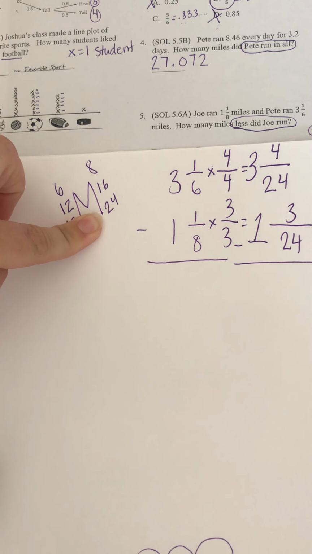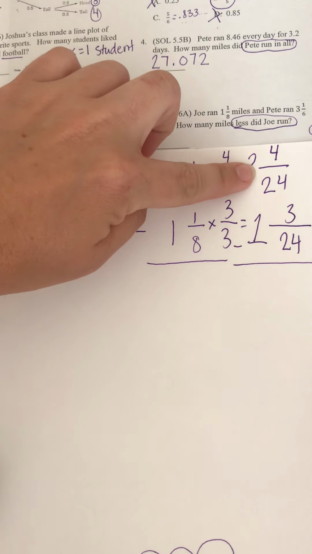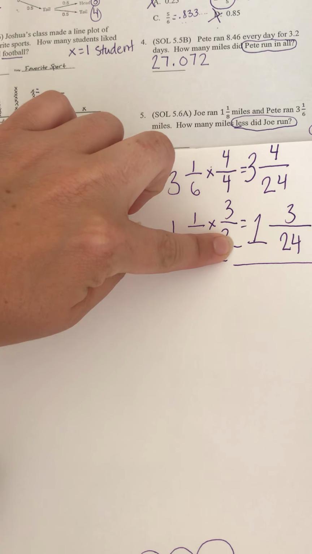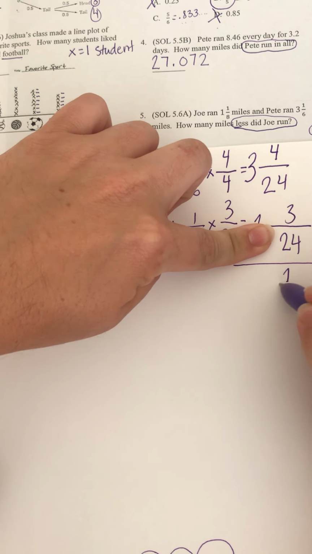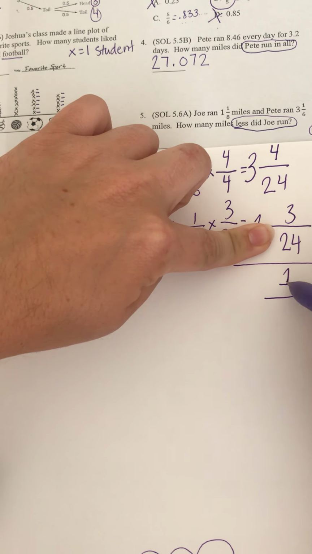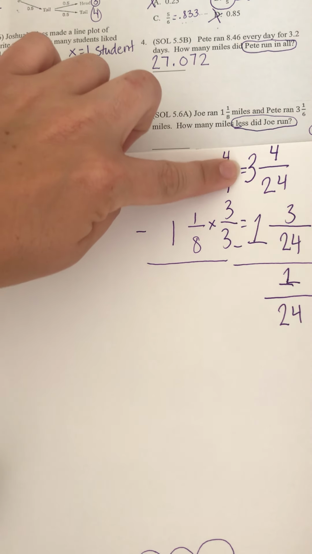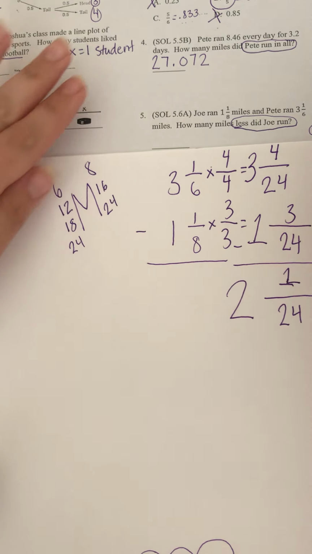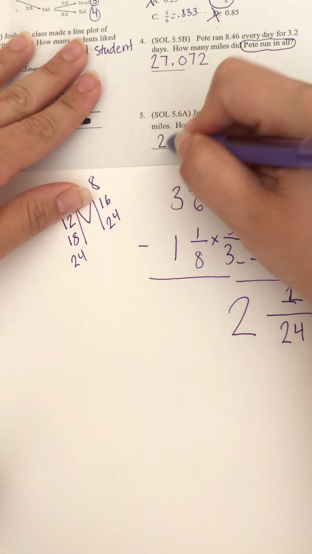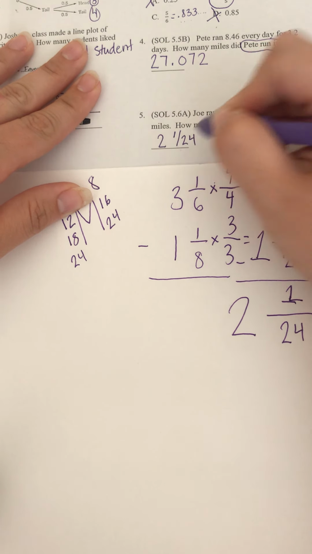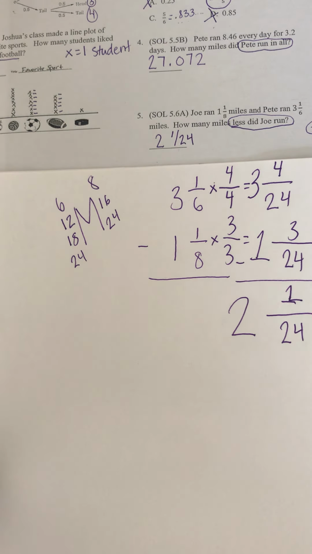And then we can compare. 4/24 minus 3/24 is 1/24. And 3 minus 1 is 2. So the difference is Joe ran 2 1/24 miles less than Pete. Okay, awesome job.